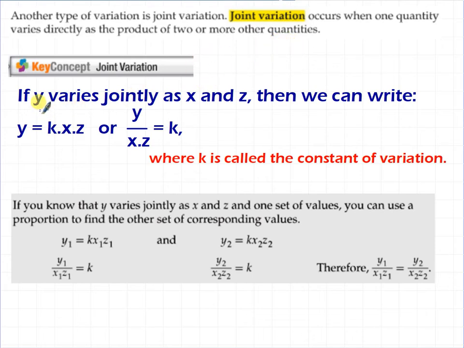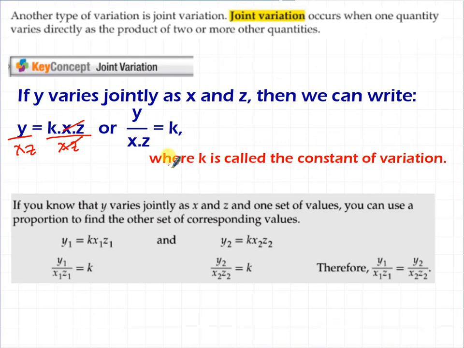So if y varies jointly as x and z, then we can write y equal k times x times z, or if you divide by xz, those cancel out and I will get y over x times z equals k.